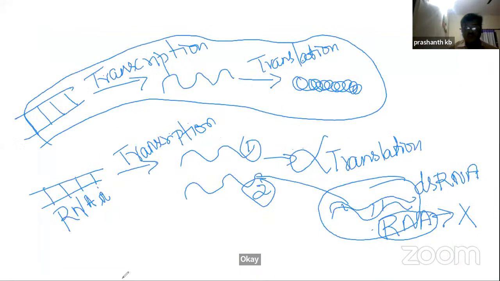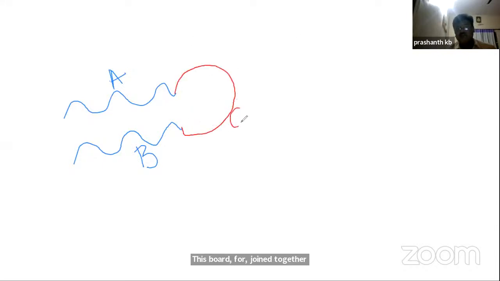Now, this is the insulin A protein. This is the insulin B protein. Both were joined together by the C peptide. This is the C peptide.